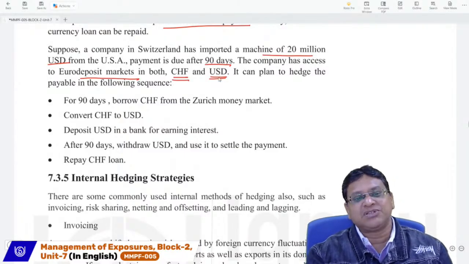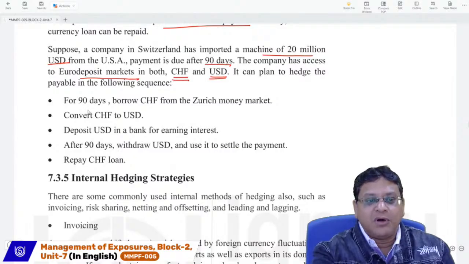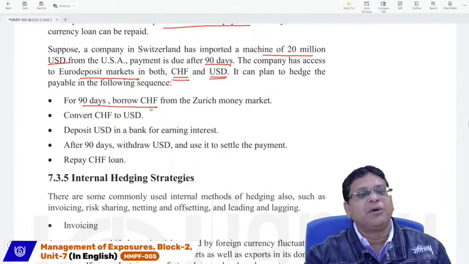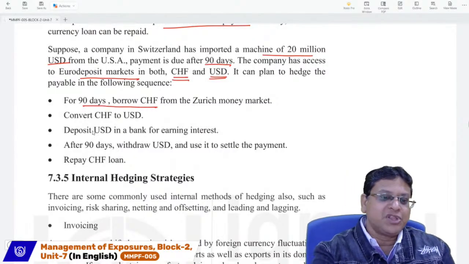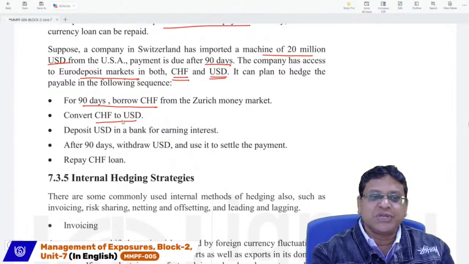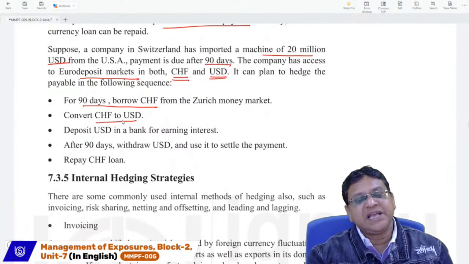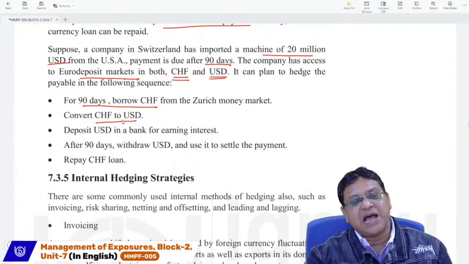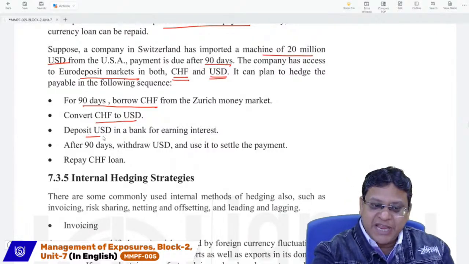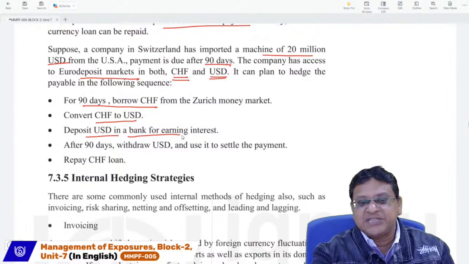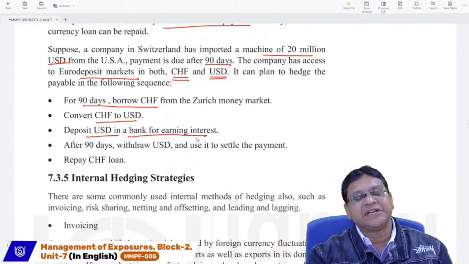So he will have to create a foreign currency receivable or foreign currency deposit. So what he does, he borrows from the Swiss market for 90 days, converts the Swiss currency CHF to US dollar now, and deposits the same in a US bank, earning a rate of interest.